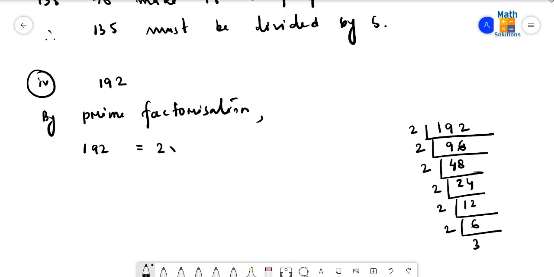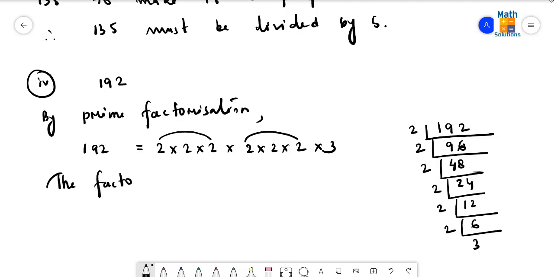So very clearly this 3 is extra. These 2's are already grouped except 3. So the factor 3 does not appear in a triplet.